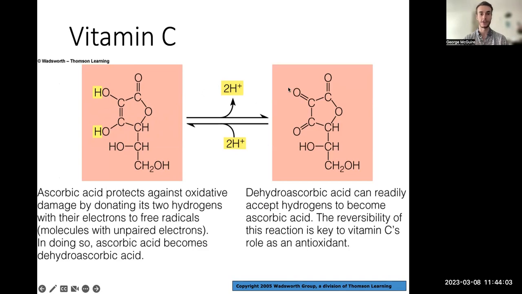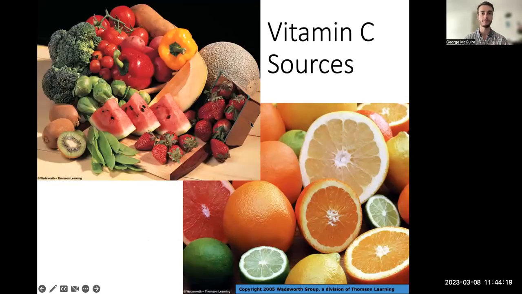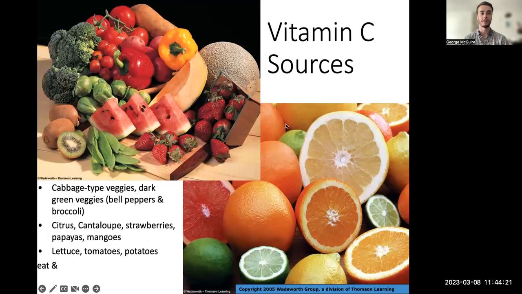And so they can donate those hydrogens, you see them disappear here, thus neutralizing the free radical or reactivating vitamin E. As we saw, vitamin C can also donate a proton to vitamin E, reactivating it and allowing it to act as an antioxidant. So pretty widely available, lots of our dark veggies, many various fruits, citrus.